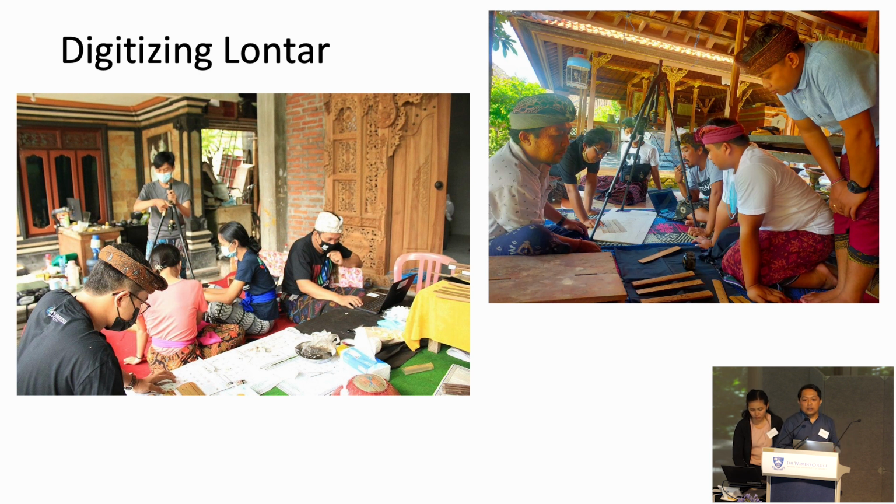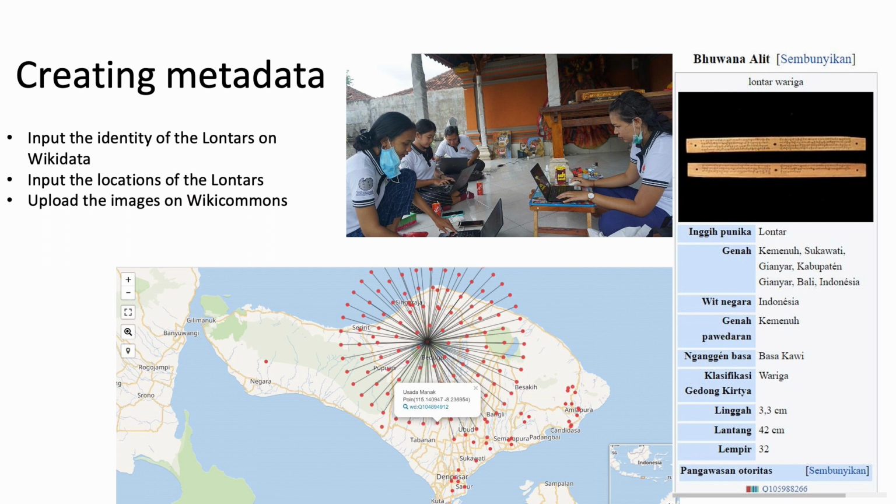And we use a digital camera for digitizing. We don't use a scanner machine, no. We only use a digital camera. So the next step is creating metadata. This is how we create the metadata of the manuscript.